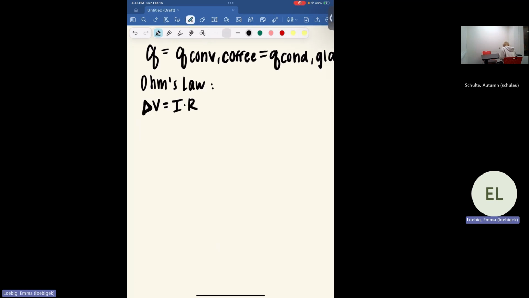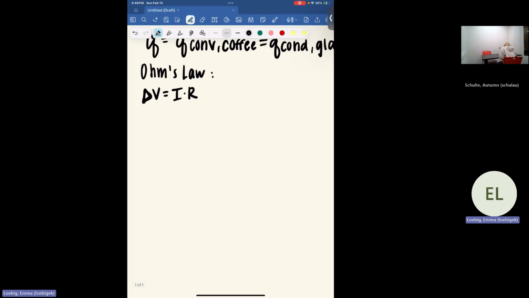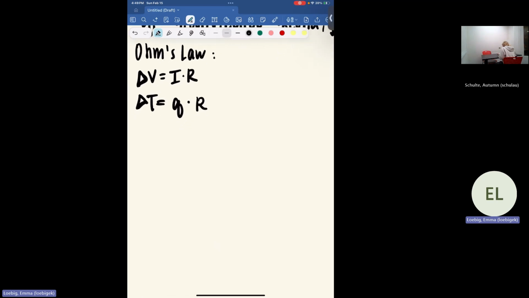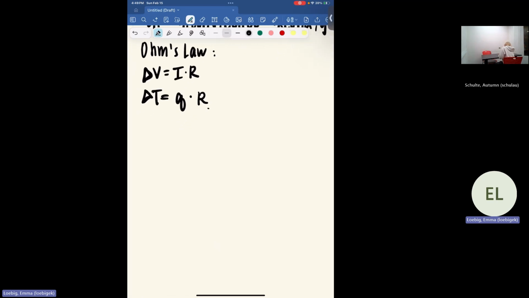And we said that this is analogous to here, our change in temperature, our driving force, is equal to our heat flow Q multiplied by thermal resistances. And we know that for resistance, we had different equations for both conduction and convection.